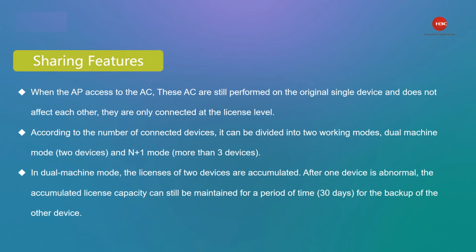In dual machine model, the licenses of the two devices are accumulated. After one device is abnormal, the accumulated license capacity can still be maintained for 13 days for the backup of the other devices.